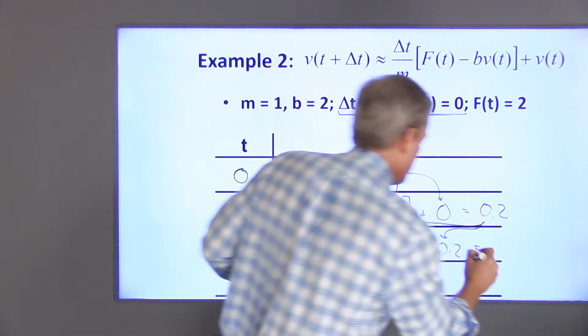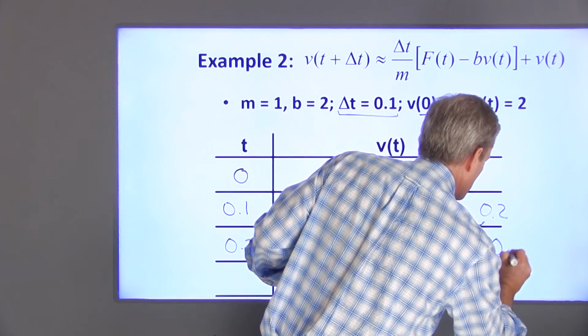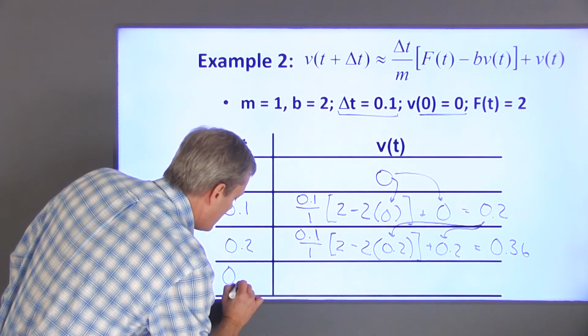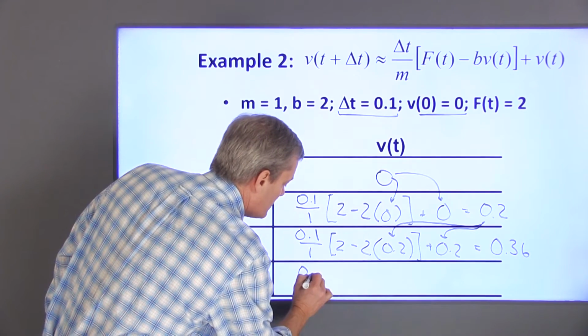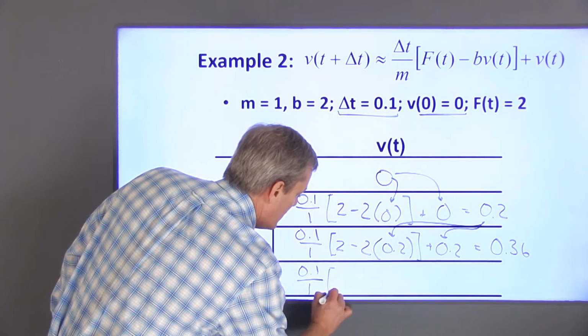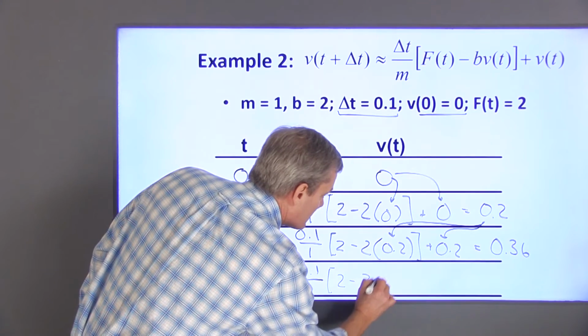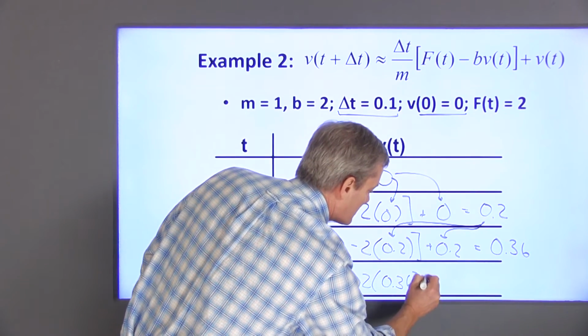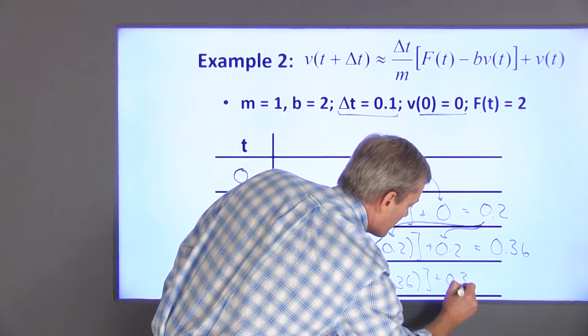This becomes 0.16 plus 0.2 is 0.36. One more time step later, at 0.3, this will still be 0.1 over 1 times 2 minus 2 times the previous velocity, which is 0.36, plus 0.36.